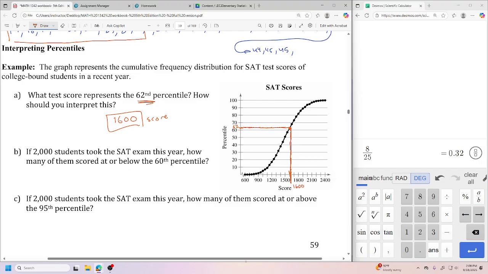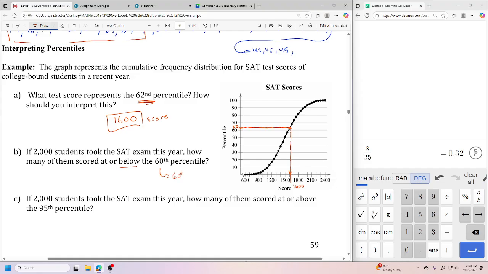Well, there we go. It says if 2,000 people took this, what would be at or below the 60th percentile? So, okay, hold on. They're wanting how many of them scored at or below this much? Isn't this basically 60%? And they're saying below. So 60% below. That's what we were just talking about.